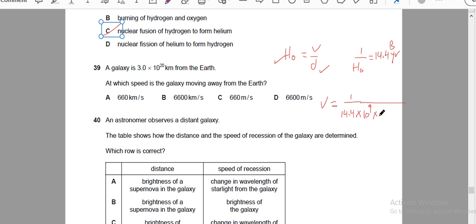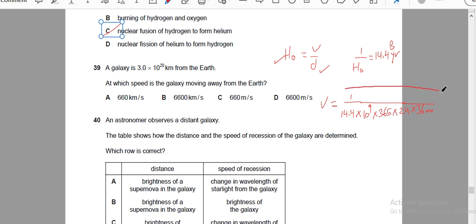So I will multiply by 365 days times 24 hours times 3600 to be in second.